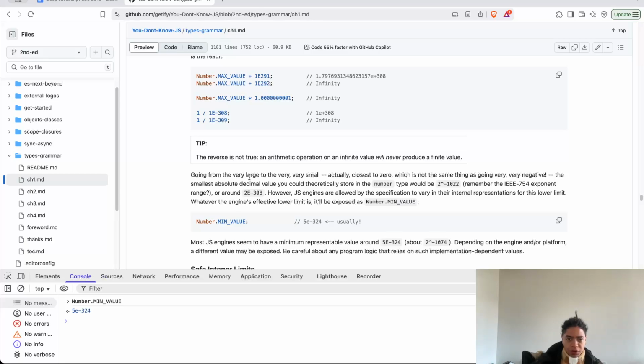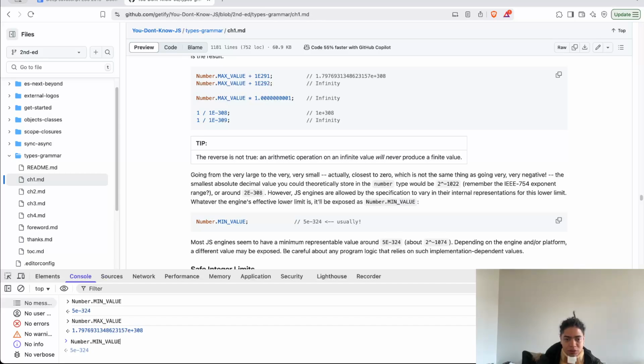So going from very, very large, which is max value, that's interesting. This is the maximum value that you can represent in JavaScript in a safe way, and the other is the min value that you can represent in JavaScript.